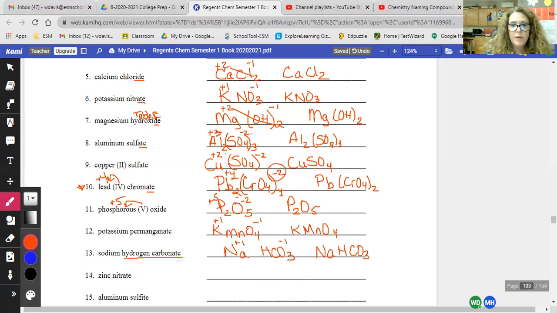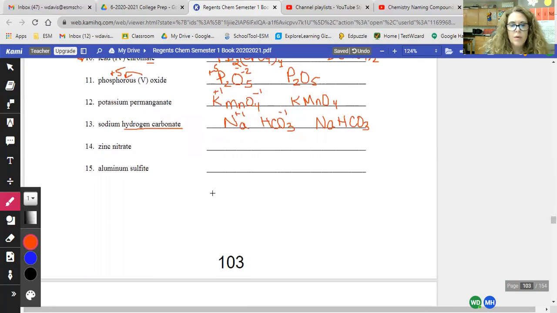And now let's go down here. Let me just scroll a bit. There we go. So now I have zinc. So Zn for zinc. And then I have nitrate, which means I need to go to table E, which is NO3. Now charges. Zinc, grabbing the charge from the periodic table, +2.